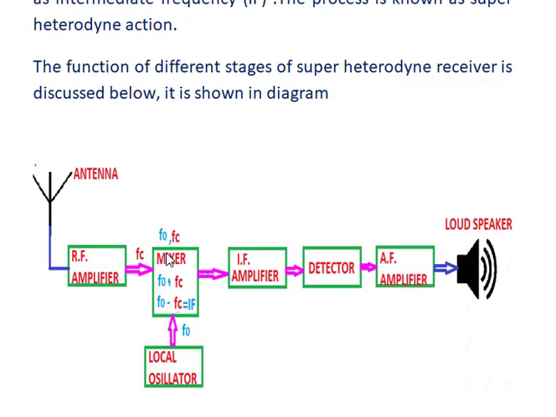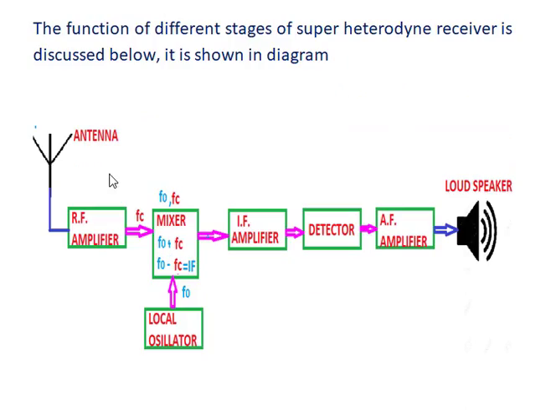This superheterodyne receiver consists of an antenna, a radio frequency amplifier, a mixer stage combined with the local oscillator, then the IF amplifier, then a detector circuit, then the audio frequency amplifier circuit, and then the loudspeaker.